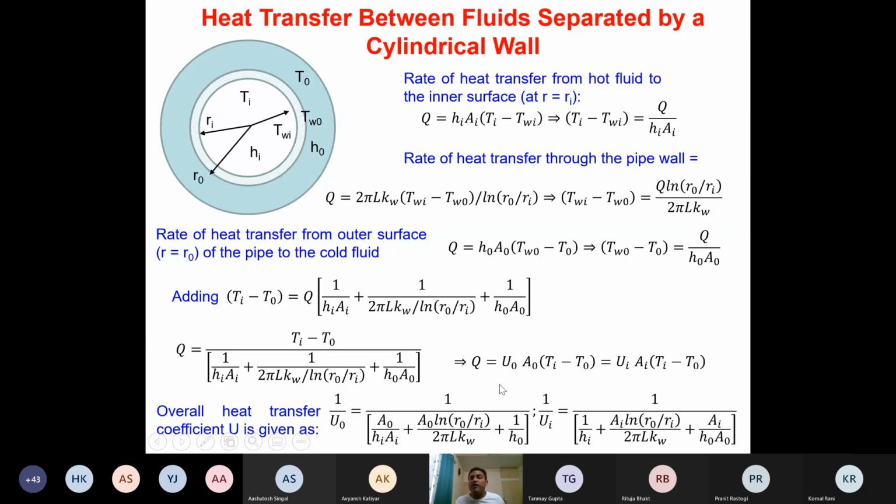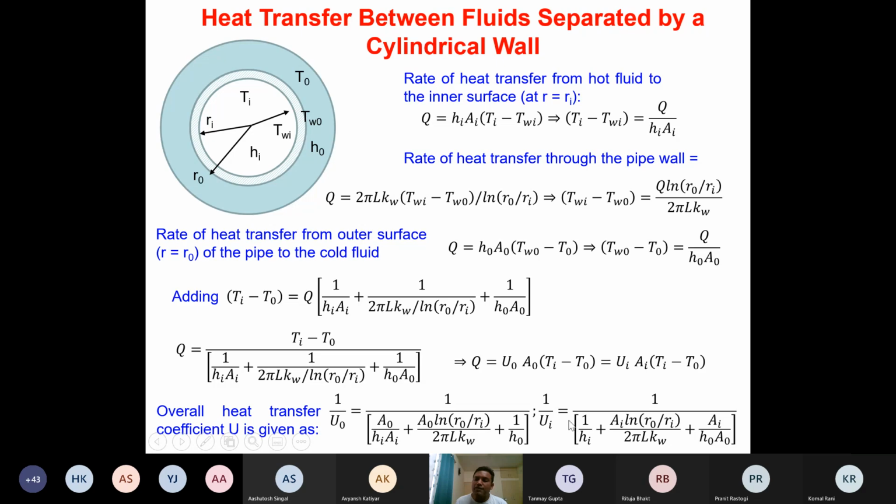Again, we can write down the expression for U naught, the overall heat transfer coefficient defined in terms of the outer surface area. 1 by U naught is given as 1 upon A naught by hi Ai plus A naught ln R naught by Ri divided by 2 pi L Kw plus 1 by h naught.